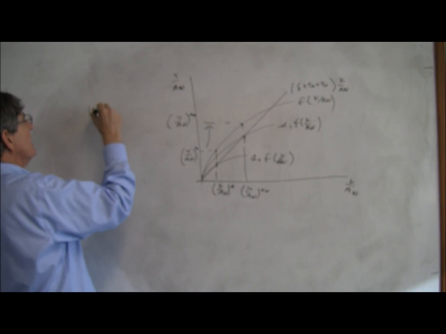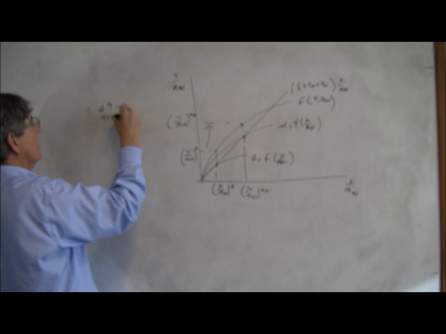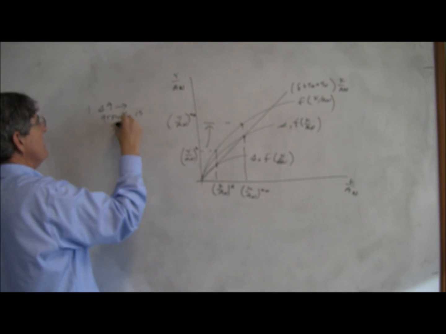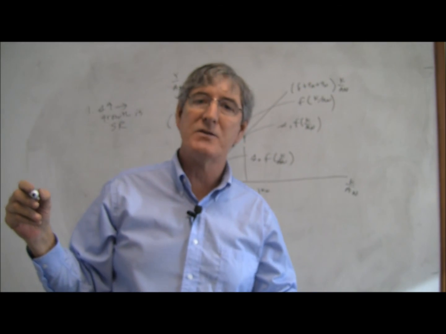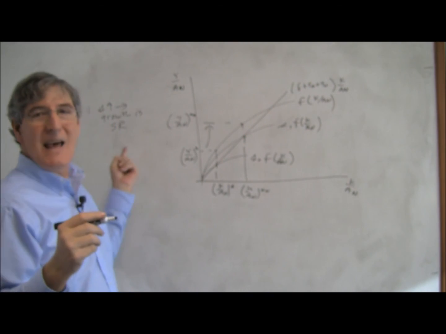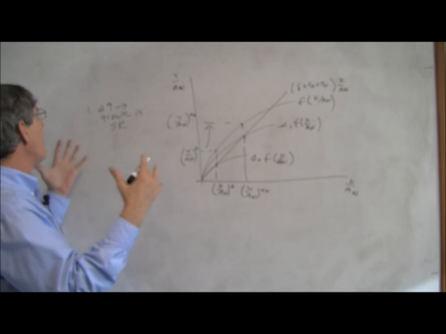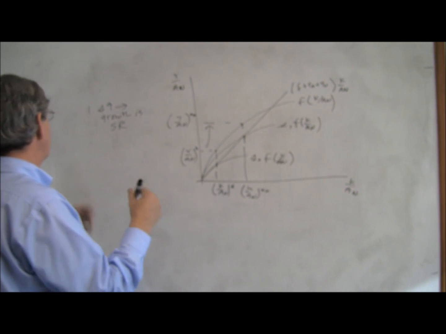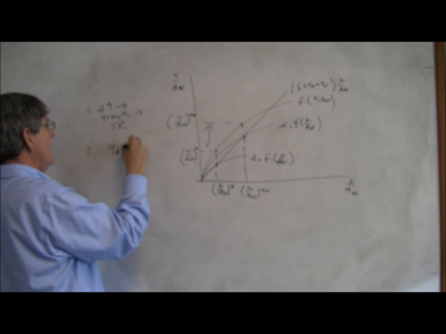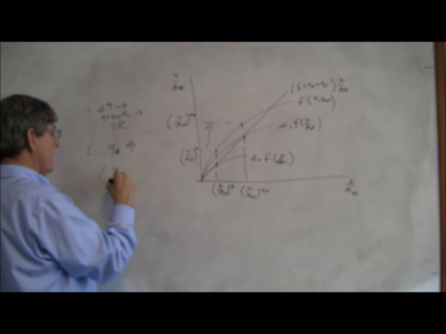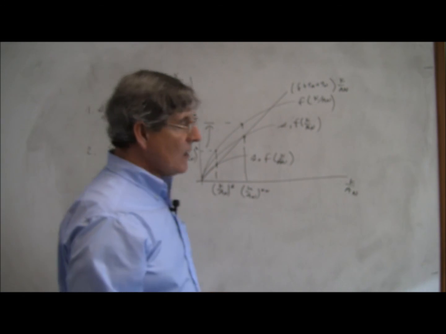So one, s gives you growth in the short run. And we saw, when we parameterized the model in the last chapter, that short run can be decades. So it's a long period of time, even though we're calling it the short run. In the long run, there's no growth from this, but in the short run, there is. Or secondly, you can have g of A go up. That's the growth of Y over N.